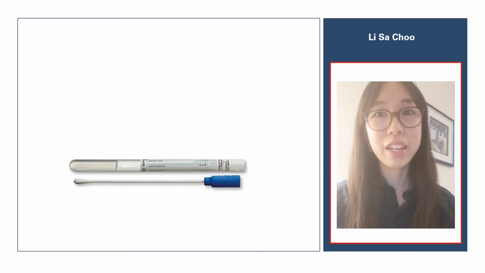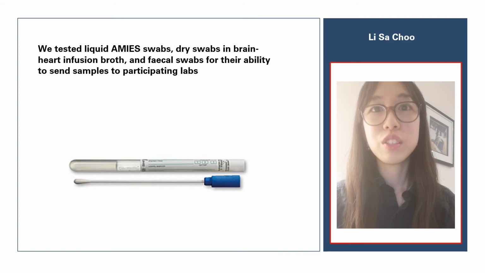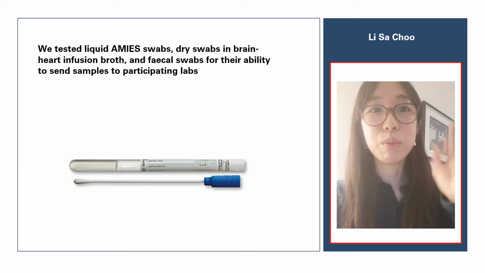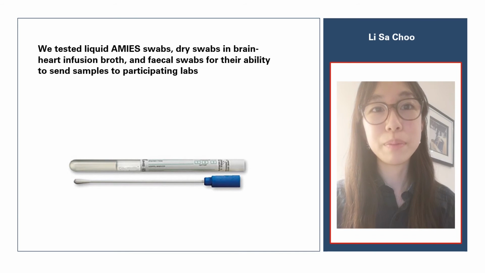We then set about carrying out stability testing on some different swab types. The swabs we looked at were a liquid AMI swab, dry swabs in brain heart infusion broth, and fecal transwabs. So we wanted to look at whether any of these swabs were a feasible form for us to send specimens to participating labs.